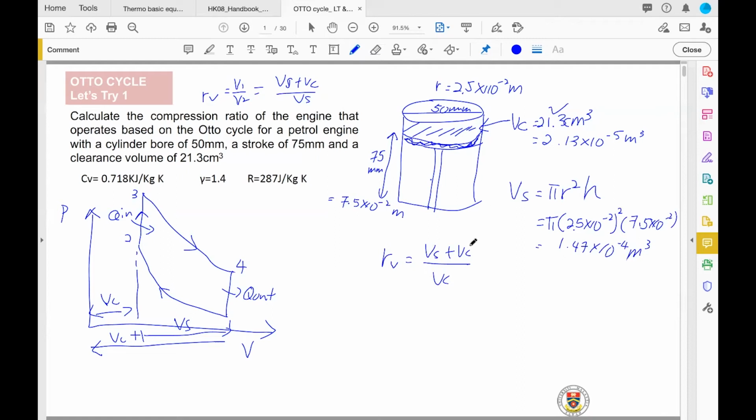So you know your Vc from here, you know your Vs from here, so you can get your answer, which is 7.9. Is that okay? So that's it. I think the question is just for the compression ratio.